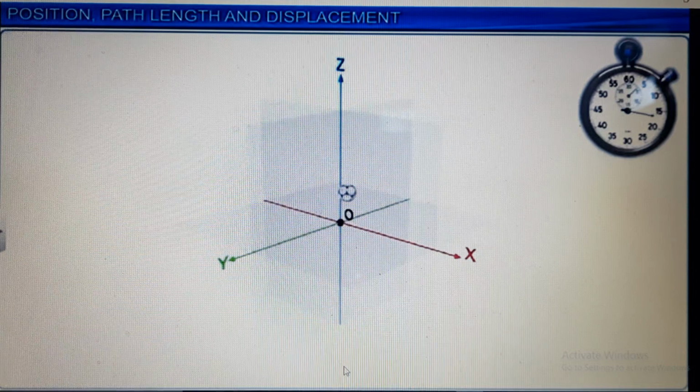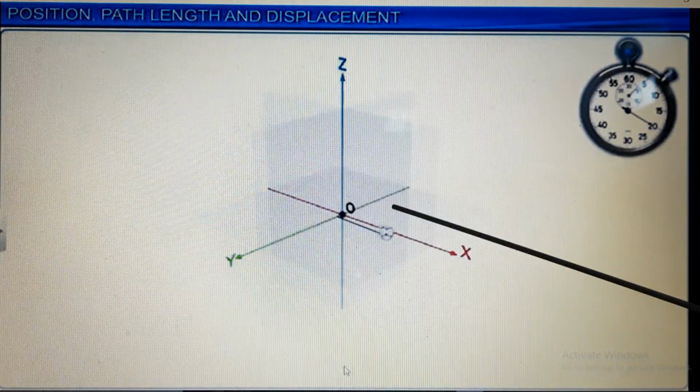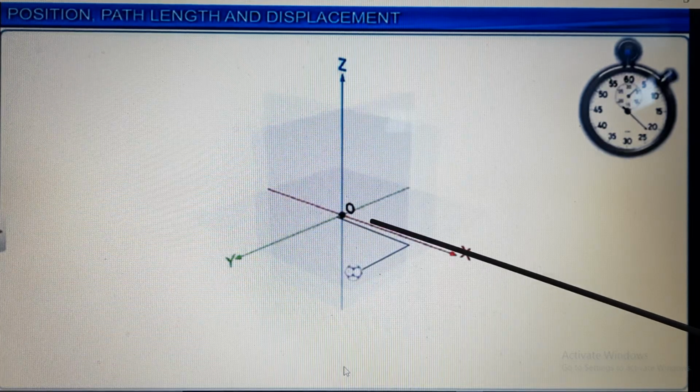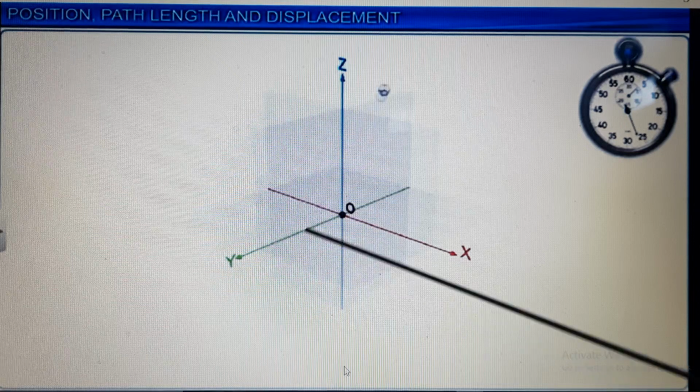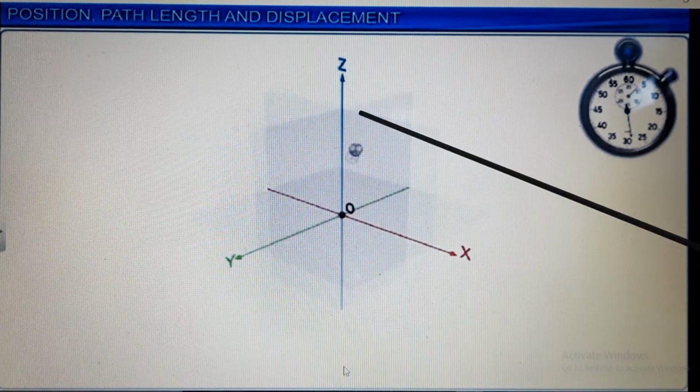Look here, now we have a three-dimensional Cartesian coordinate system. Means the object is moving in the x direction, otherwise the y direction, otherwise the z direction.